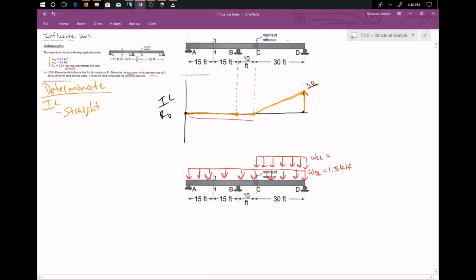Neither does adding the dead load over here, but we need to show that. Just good engineering. And then our point load is going to go at the maximum value, whatever the highest point is, because again, we want the maximum reaction at D. Sorry, 25 kips.